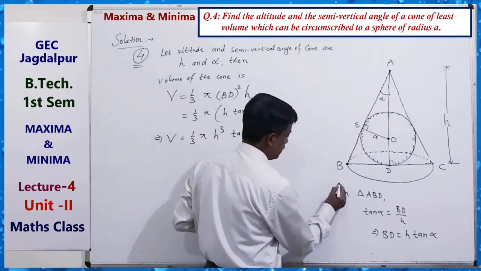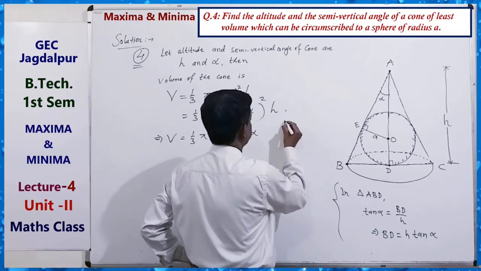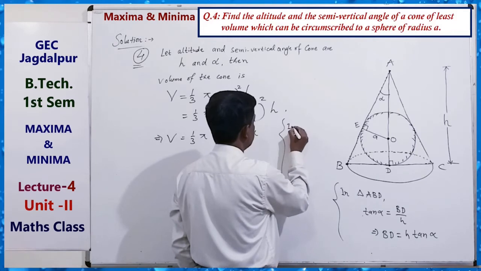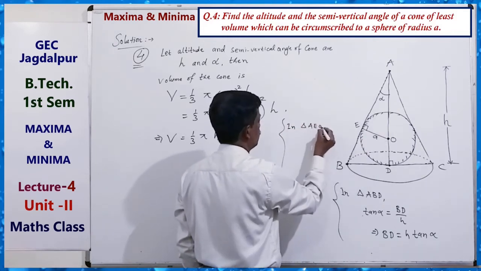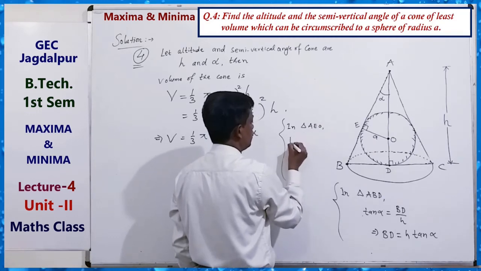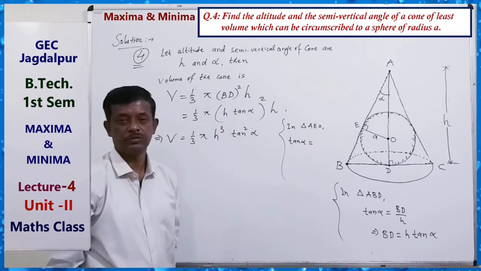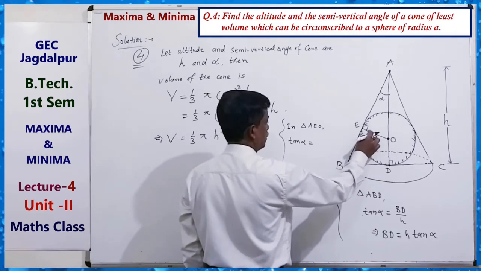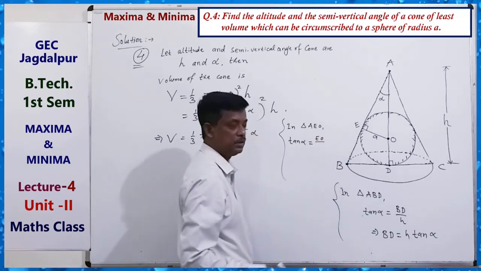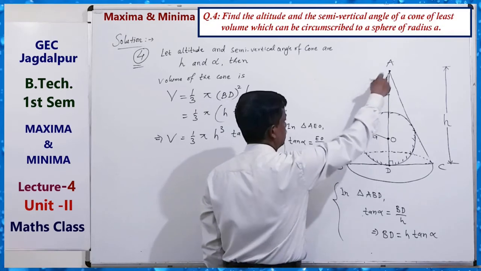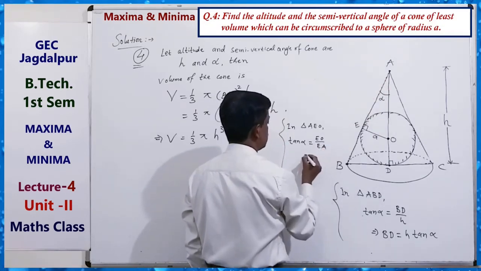Similarly, in triangle AEO, tan alpha equals perpendicular EO by base EA.